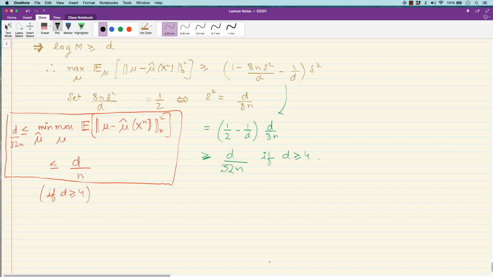In deriving the lower bound for the M-ary hypothesis testing problem, we take recourse to Fano's inequality. This method is called Fano's method for min-max lower bounds, and it's used quite widely, especially for high-dimensional estimation problems. So this concludes Unit 8.